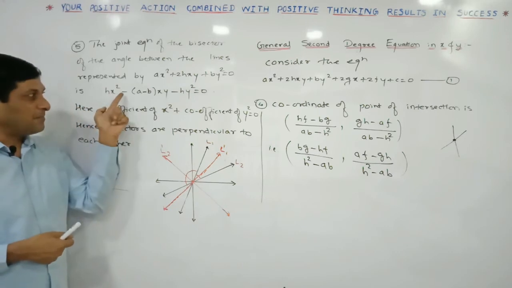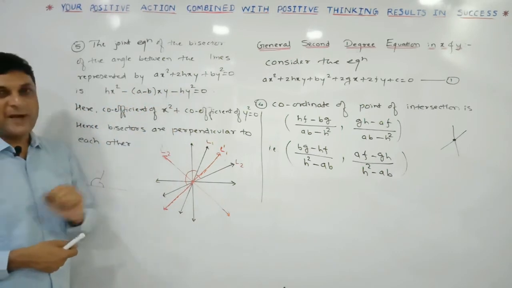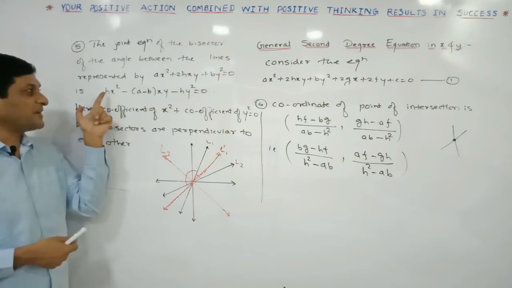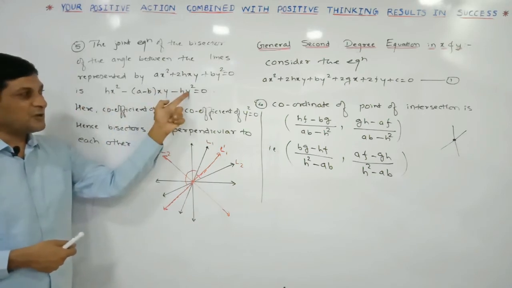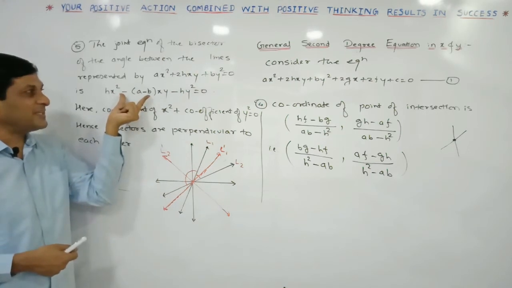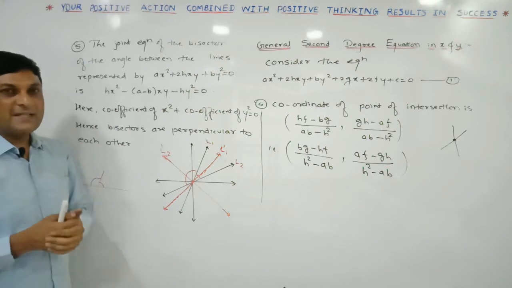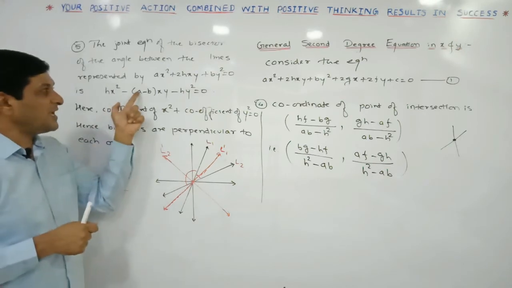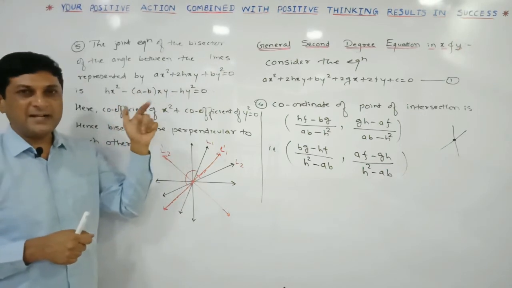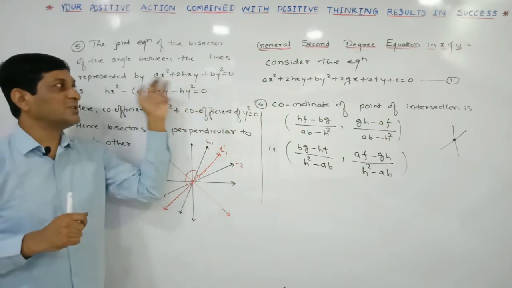hx square minus (a minus b) xy minus hy square. Meaning, what is the coefficient of x square here? h. The coefficient of y square is minus h, and the coefficient of xy is minus (a minus b). So this formula is applicable if the values of a, b, and h are known to us. These values can be found from the given homogeneous equation.